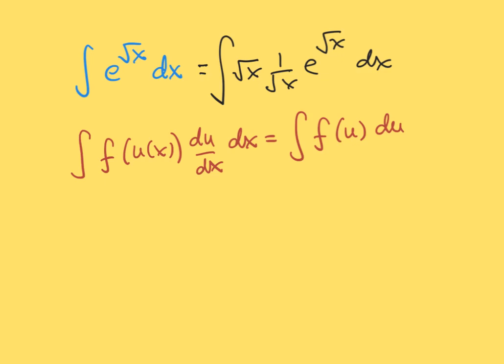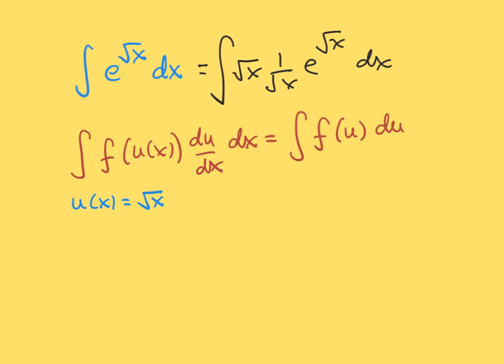So that's the equation that we are using, and what we have is that u of x is equal to the square root of x. So that is the new variable, and that's a very natural thing to do to try to make this a doable integral. And the reason that we've introduced this 1 here is that this now is the du dx factor up to a number. So let's just get that number right.